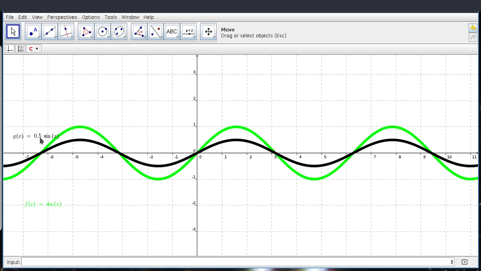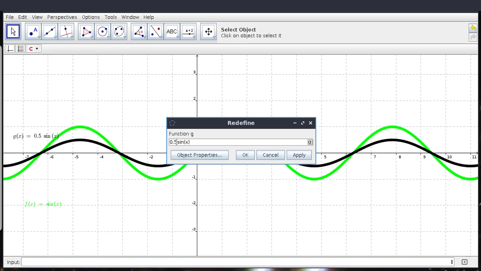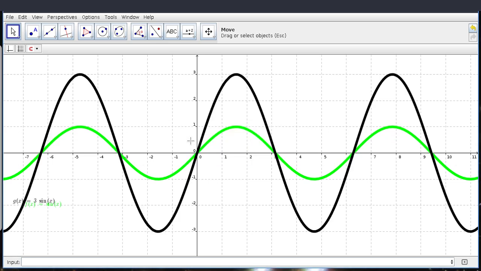Suppose we use 3 sine x, what would happen? The original graph, y equals sine x, is like y equals 1 sine x, and it goes to a maximum of 1. But the modified graph, y equals 3 sine x, goes to a maximum of 3.